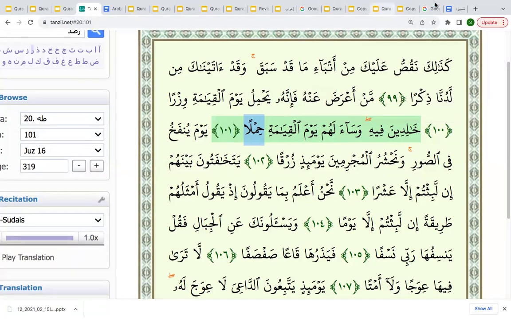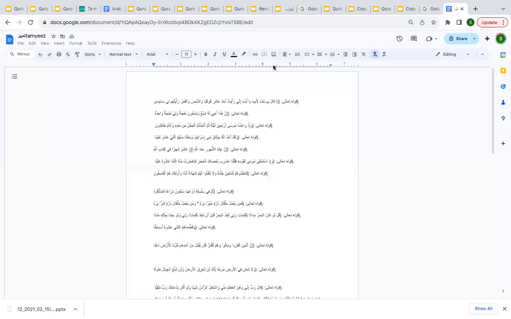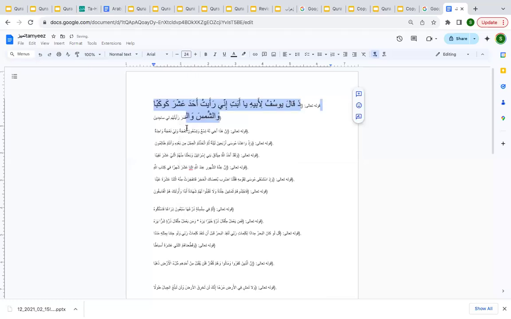So let me show you something from this verse. If Yusuf alayhi salam would have spoken to his dad and just said, Ya abati inni raitu ahada ashara, oh my dear father, indeed I saw 11. Do you get the whole idea with just 11? If the verse was only up until ahada ashara, you need more information, right?